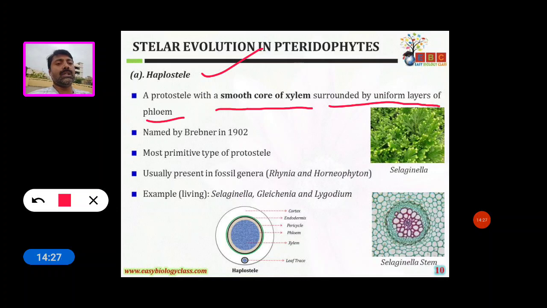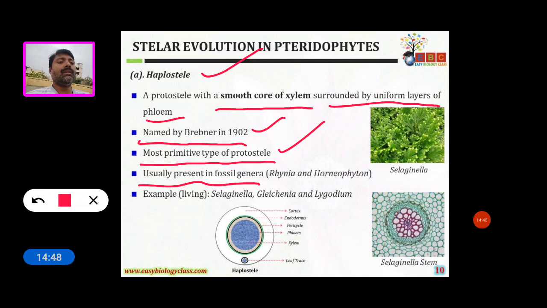This stele was named by Brebner in 1902, and it is the most primitive type of protostele. It is usually present in fossil genera like Rhynia and Horneophyton.